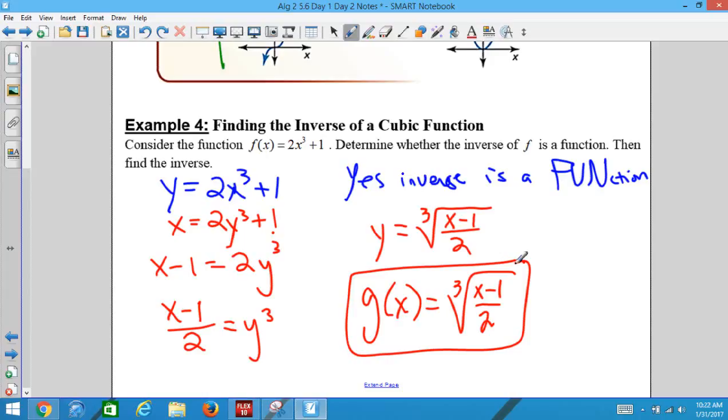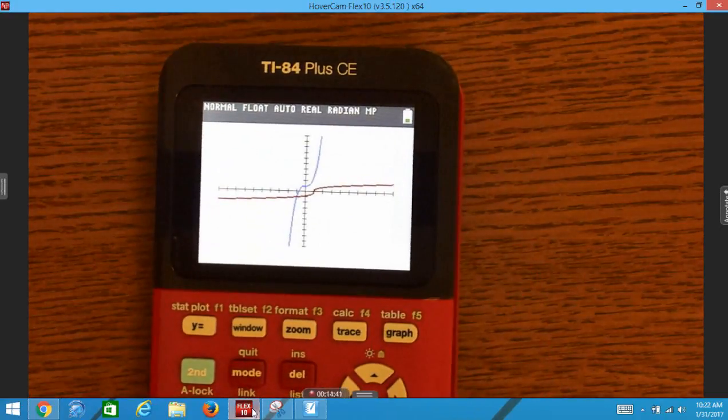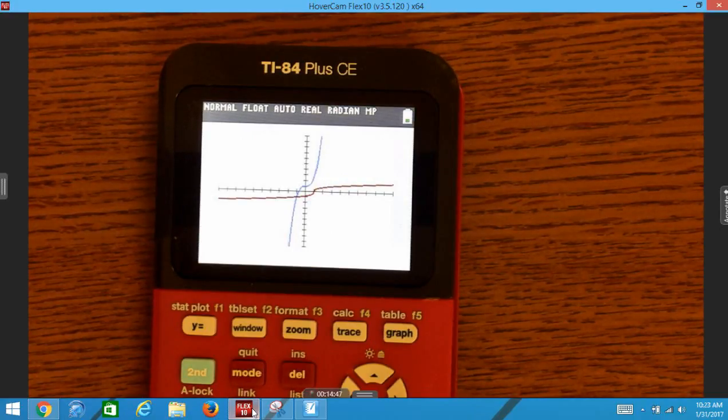Does somebody have both of them graphed? So if yours does not look like that, you typed something in wrong, or maybe your window is off.